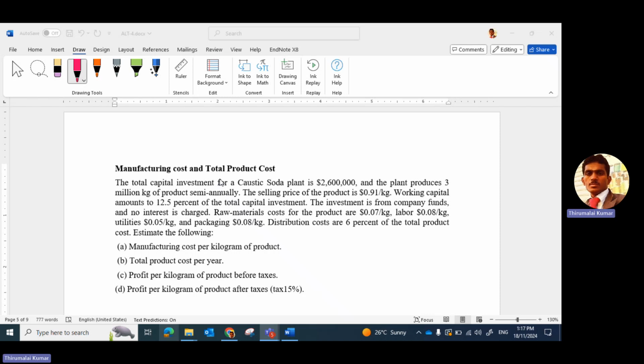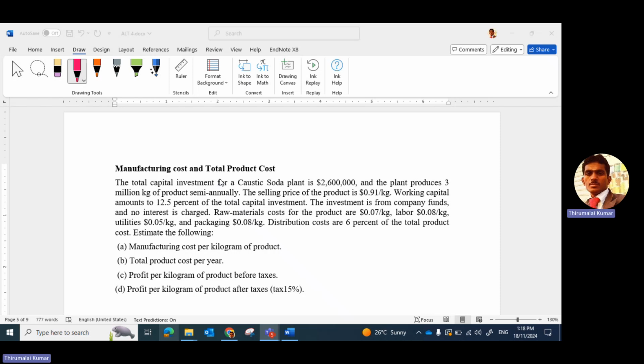As a whole, the manufacturing cost of a particular product, say for example caustic soda or urea production, ammonia. So the manufacturing cost for 1 kilogram of ammonia, how much cost? As a whole, how much will be the total product cost?